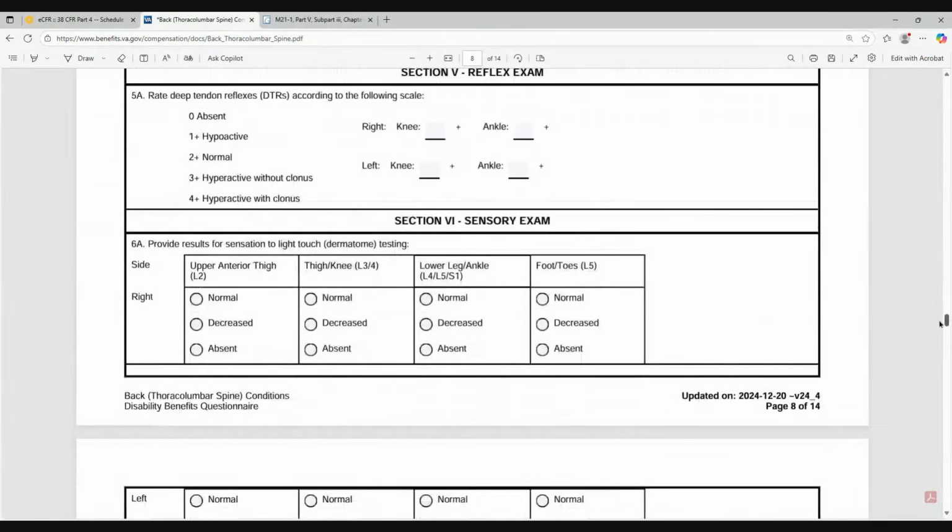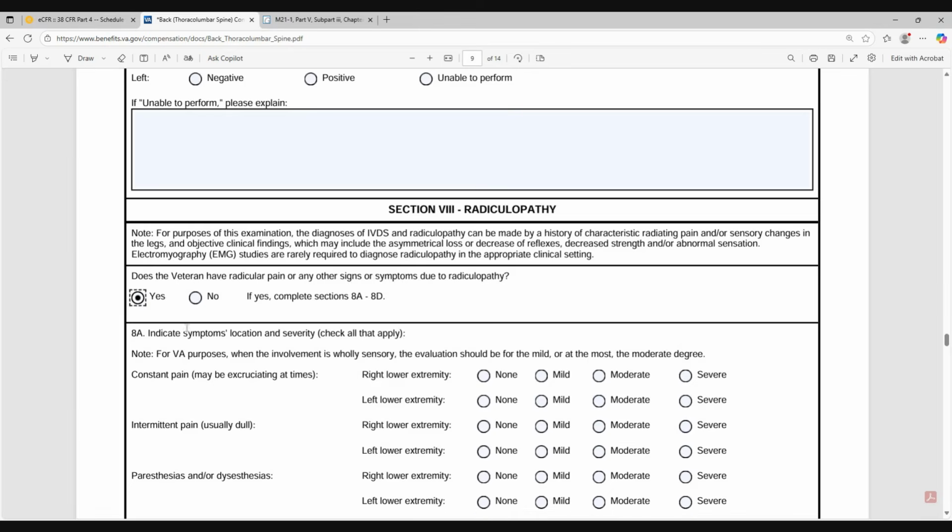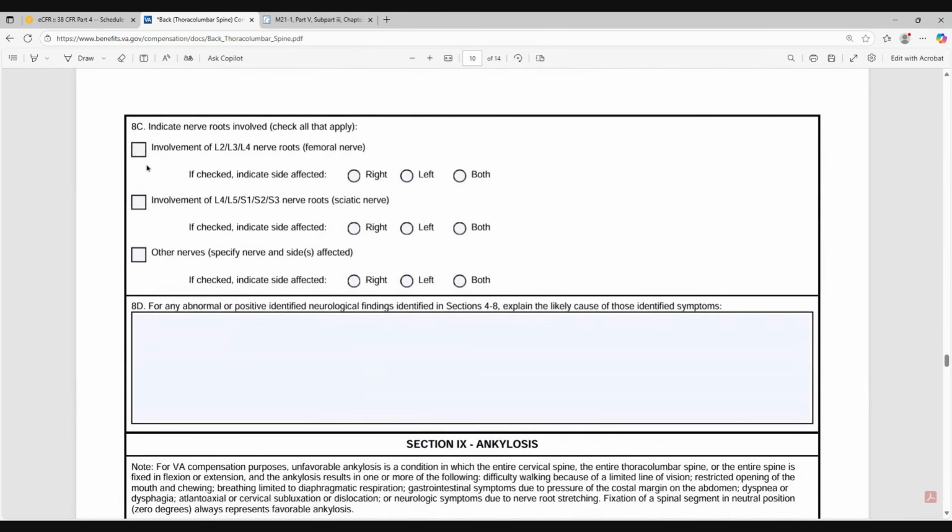So when we come down here, it'll say, does the veteran have radicular pain, signs and symptoms due to radiculopathy? If this is marked yes, and they provide us with a checkbox for which nerves are affected, we will raise that to issue. You don't have to explicitly claim it.